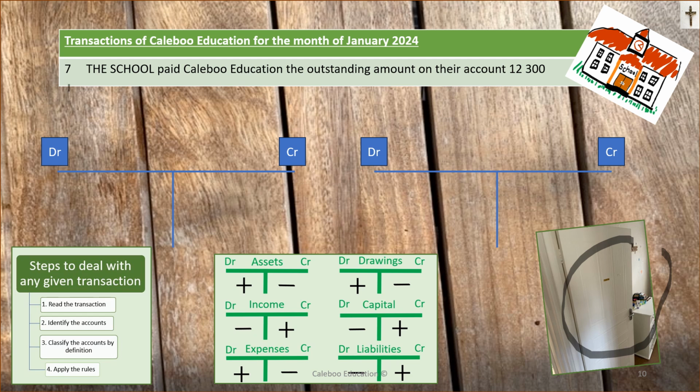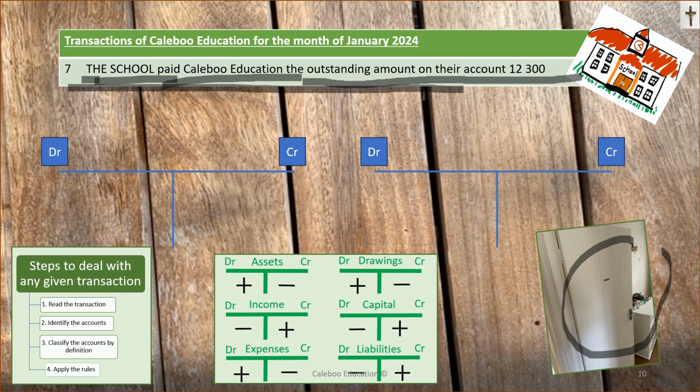Now, transaction number 7. The school, a client of Calibu Education, paid Calibu Education the outstanding amount on their account. So a sale was made to the school, and therefore the school is a debtor of Calibu Education, and they have an account with Calibu Education.